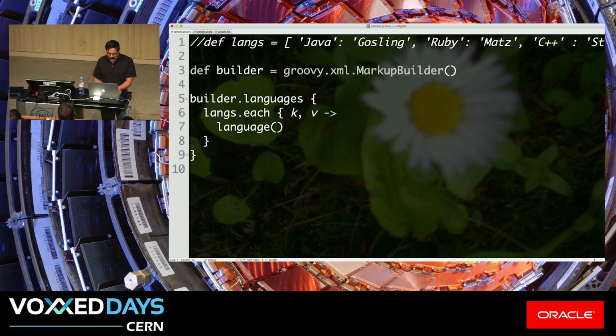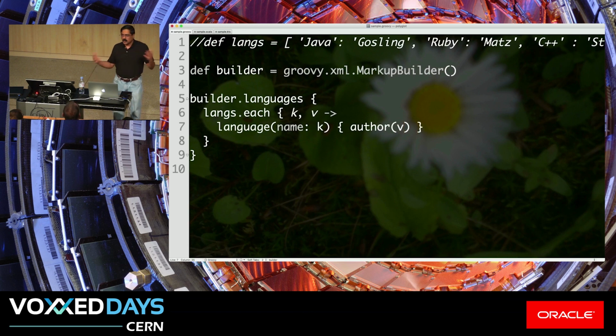And once I get this, in this case, we could say name is going to be the key that's provided for us. And if I really want the child element, I could say author and provide the value in it as well. And this would produce an XML output, assuming that I had the references correctly over here.